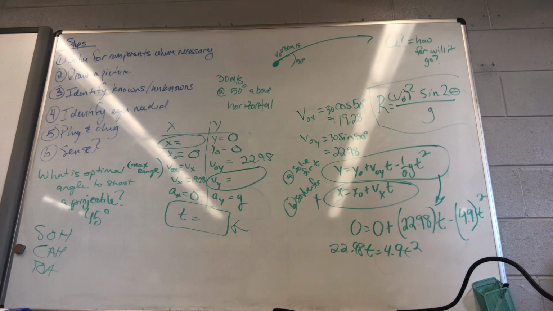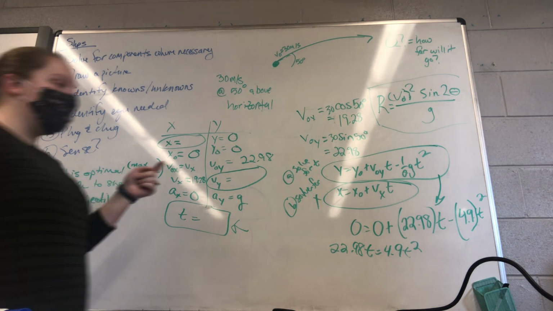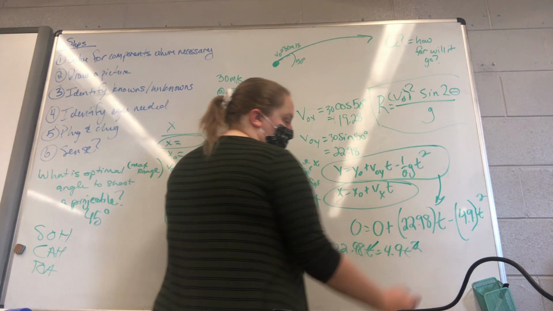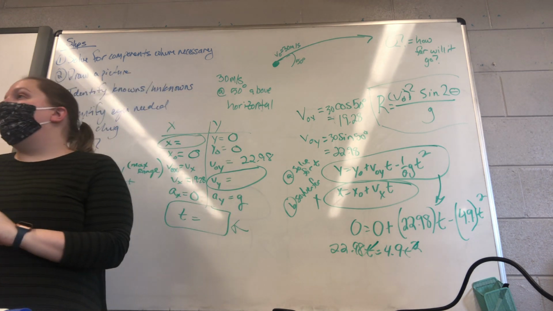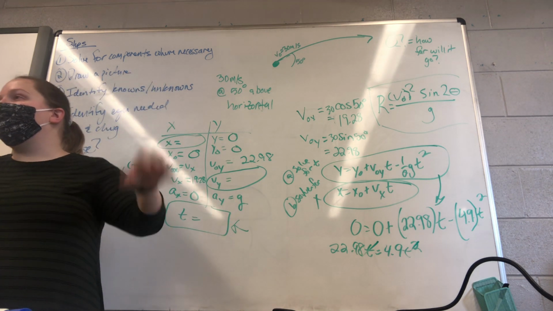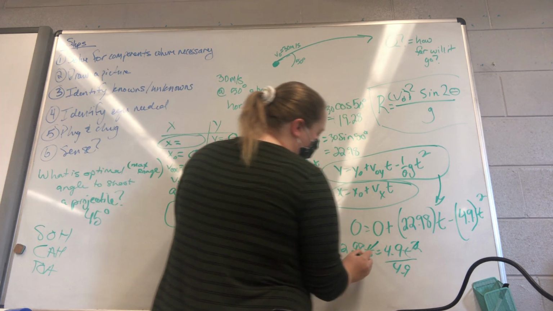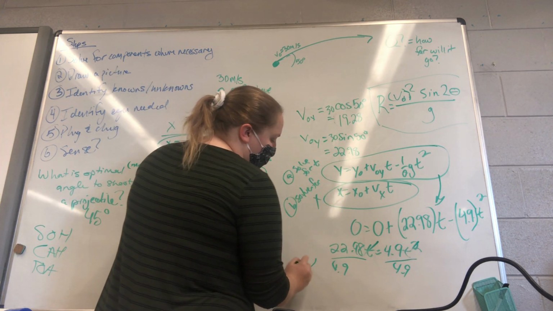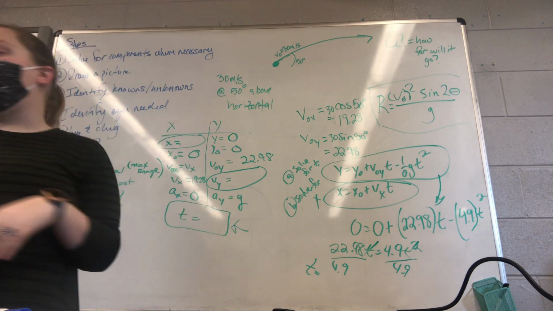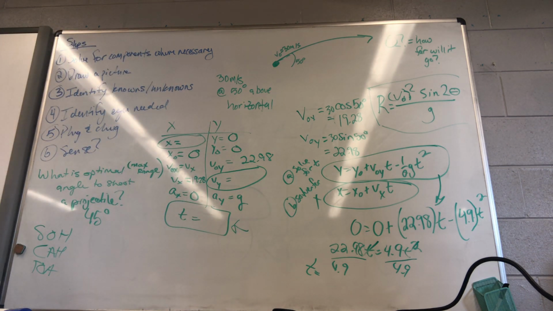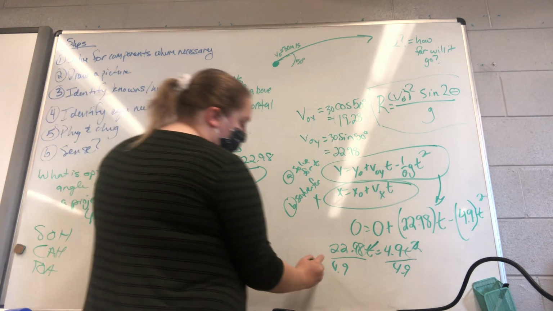From there, I'm going to solve for t, right? So I'm going to move a t over. Watch me algebra. Divide both sides by 4.9. My t is going to come out to be a little bit more than 4.68.